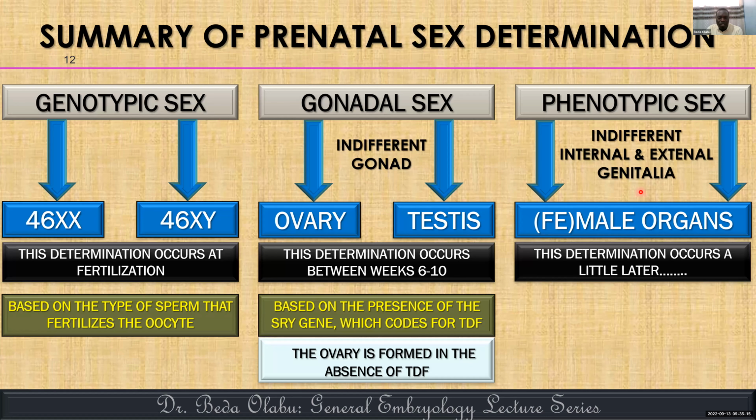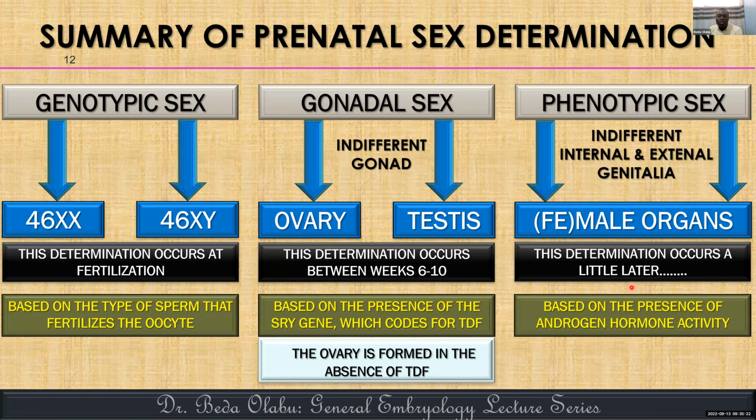I gave you a range there, so this is a range. It depends on the presence of significant androgen hormone activity. You must have an adequate amount of androgens for something to happen.